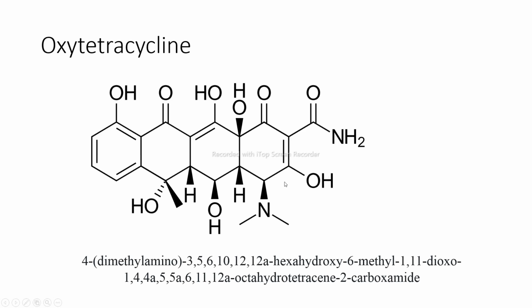So 3, 5, 6, 10, 12, 12A, hexahydroxy, then 4 dimethyl amino, then 6 methyl, then 1, 11 dioxo, then remaining portion is same. It is 1, 4, 4A, 5, 5A, 6, 11, 12A, octahydrotetracene, 2-carboxamide. That is the oxytetracycline.